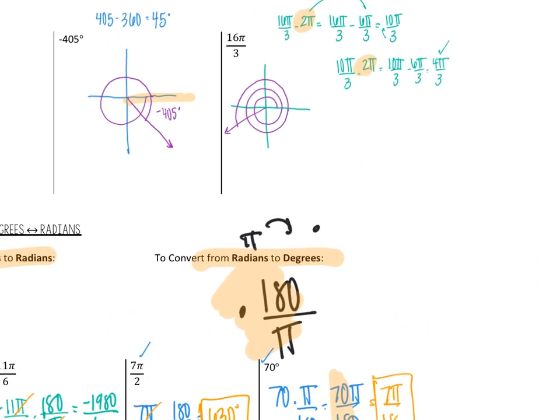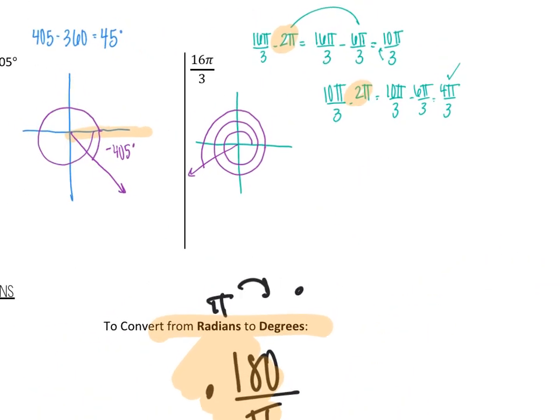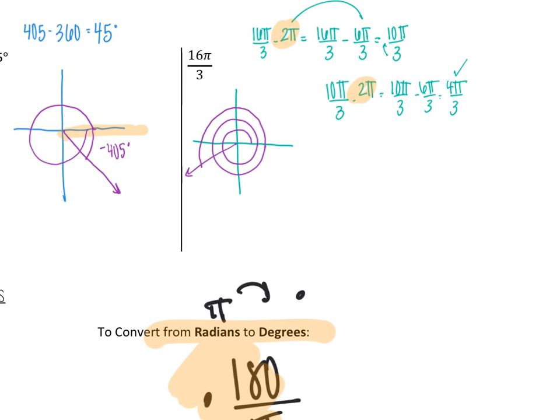Going back to the problem we had just completed beforehand, if you wanted to look at 16 pi over 3 and draw it on the coordinate plane, and the radians confused you, you can always change it into degrees, which is probably a format you're more comfortable with. Change it to degrees by multiplying it by 180 over pi.